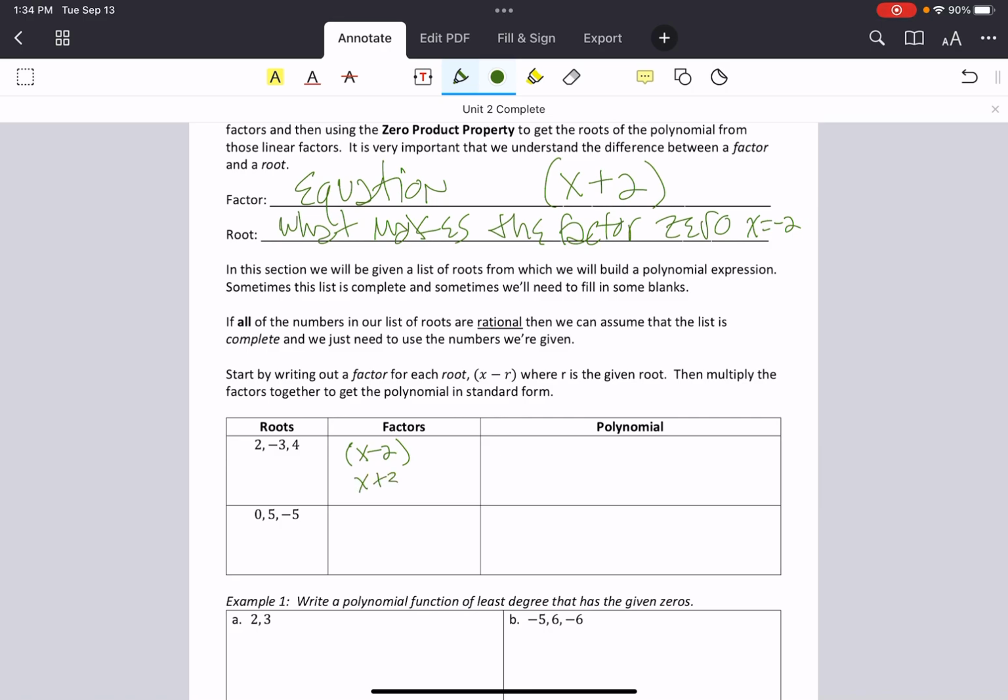There we go, x plus 3. Got to have an x in it, okay? And then x minus 4, okay? So if I was going to write it out as a nice polynomial, I'd say y or f of x equals x minus 2 times x plus 3 times x minus 4. Now, this polynomial right now is in factored form because I see the factors.